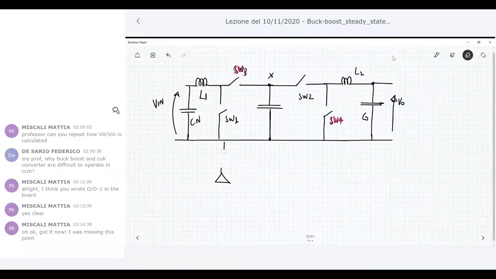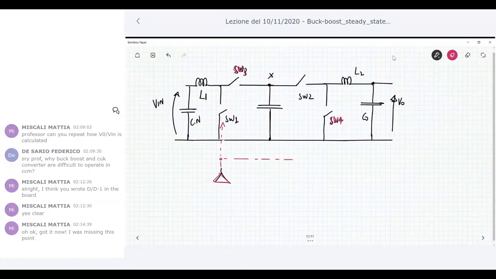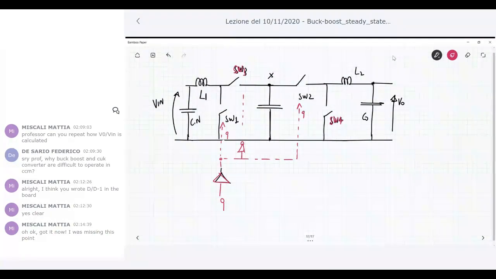This driver commands switch 1 and switch 2 with the same unitary switching function Q, and commands switch 3 and switch 4 by inverting Q. So we have Q naught.